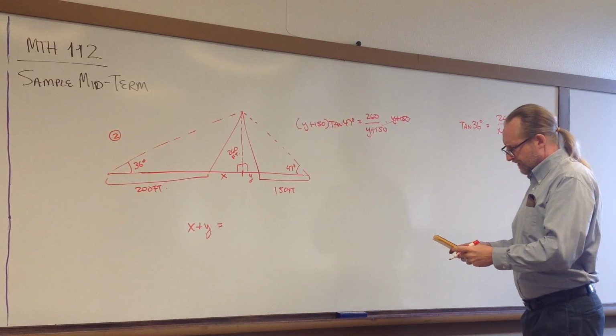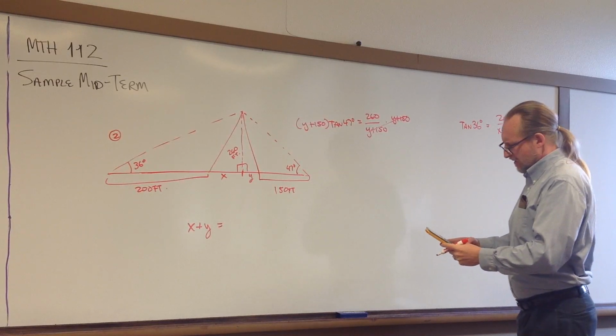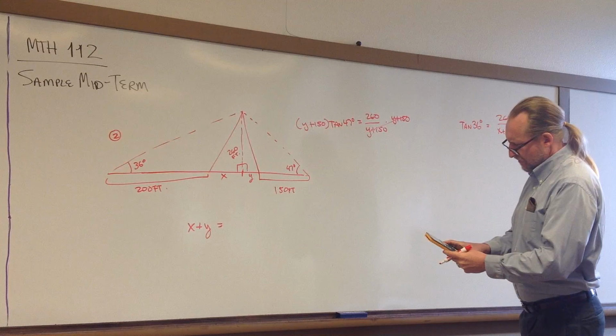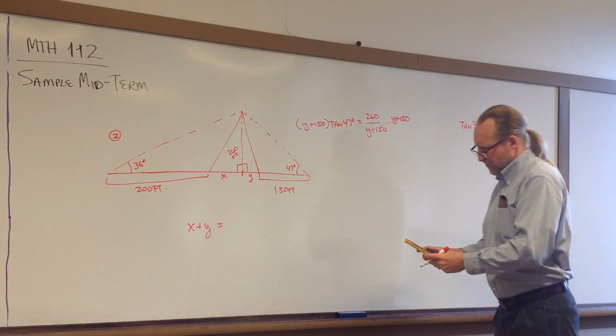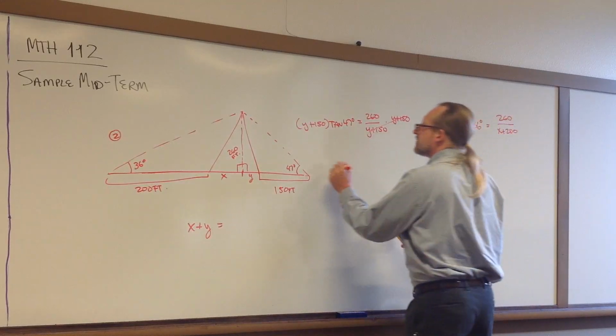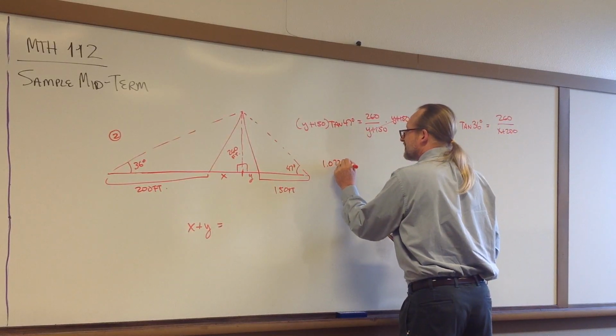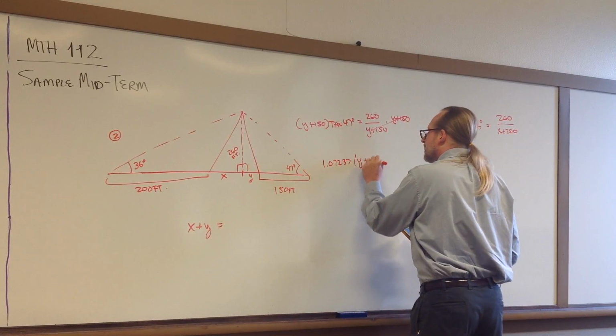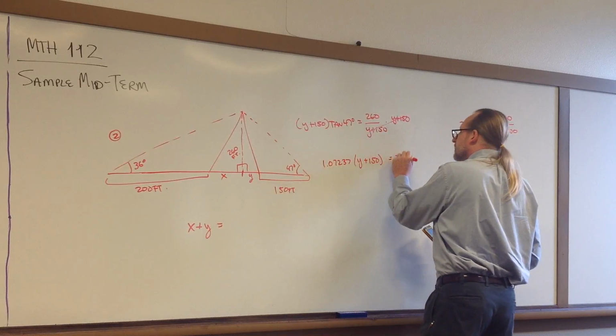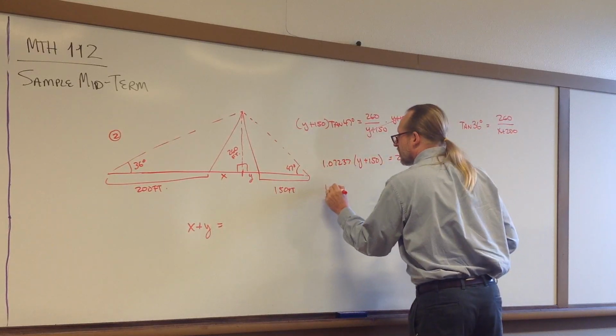There's a variety of things that you can do to solve this. It's 1.07237, so 1.07237 times y plus 150 equals 260.